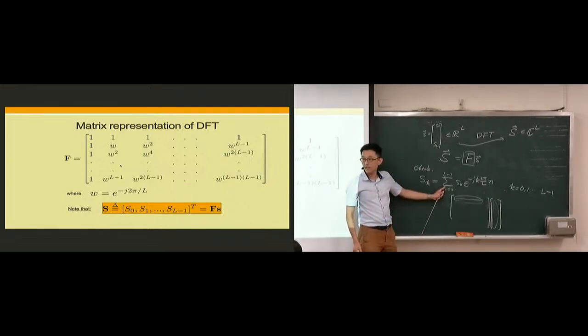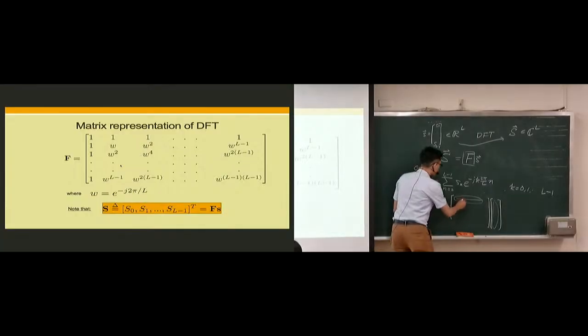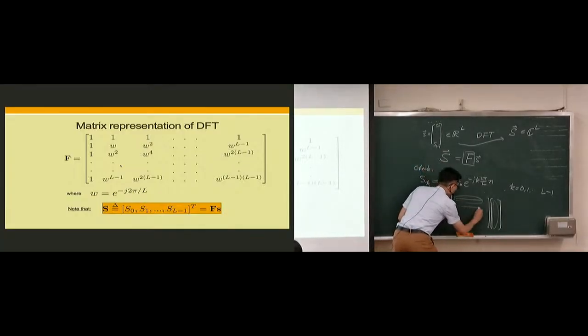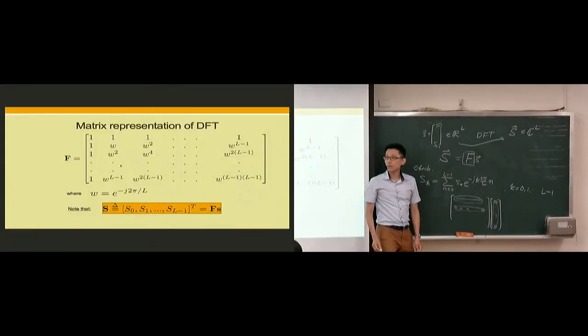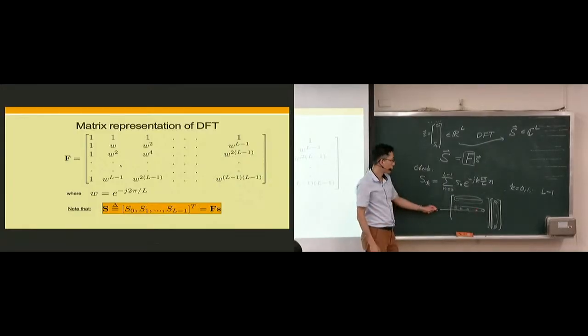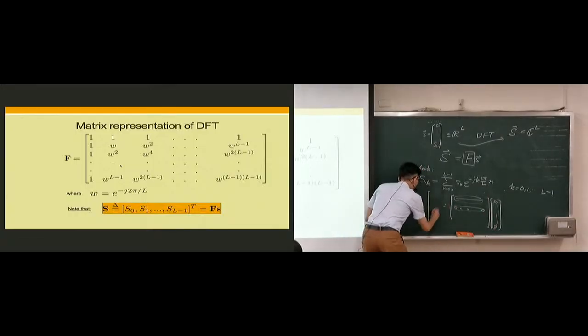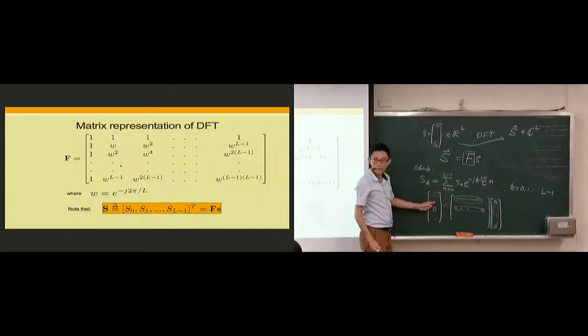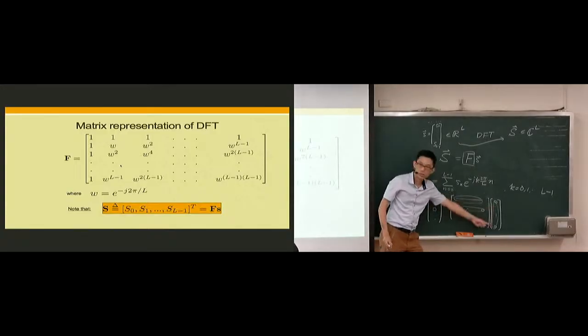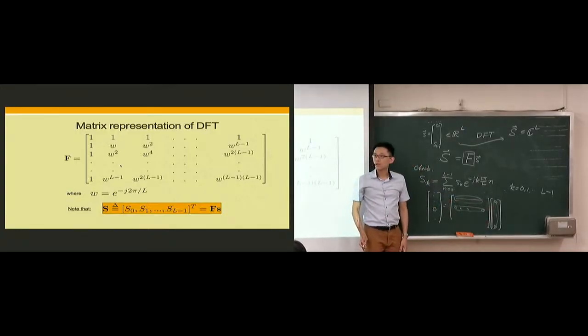You're summing the elements of one row with the elements of your time domain signal, for each frequency. You pick a row, do the inner product, and the result is one element in the frequency domain, right? Every element in the frequency domain can be calculated by taking the inner product of one row right here with your time domain signal. So it's a linear transformation.